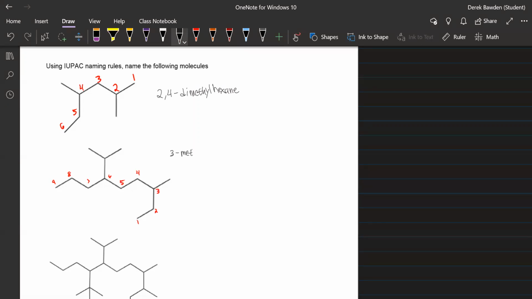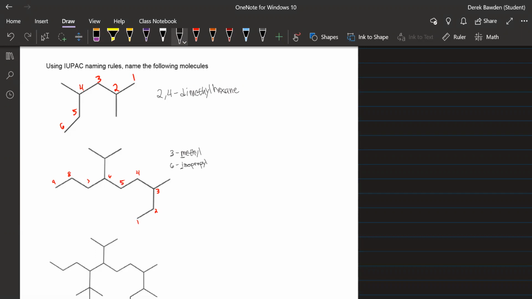And then what is the group at 6 called? Isopropyl. Nice job. So we're determining alphabetically which comes first between M for methyl and I for isopropyl.